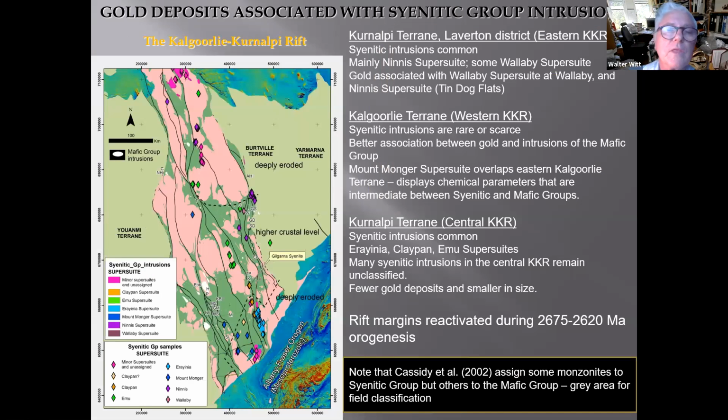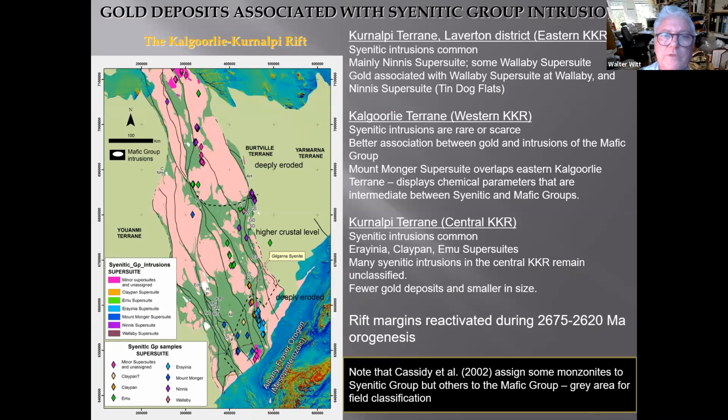So this first map shows the Kalgoorlie-Kurnalpi Terrane with a distribution of syenitic intrusion samples subdivided into their respective supersuites as assigned by Cassidy et al. 2002. And some of the subsequent slides, particularly the geochemical plots, will make use of that database of Cassidy et al.